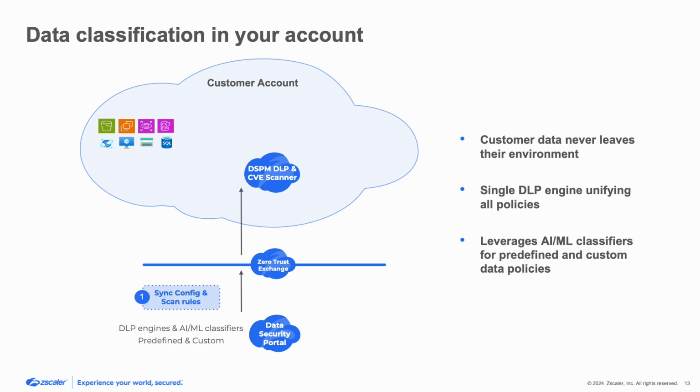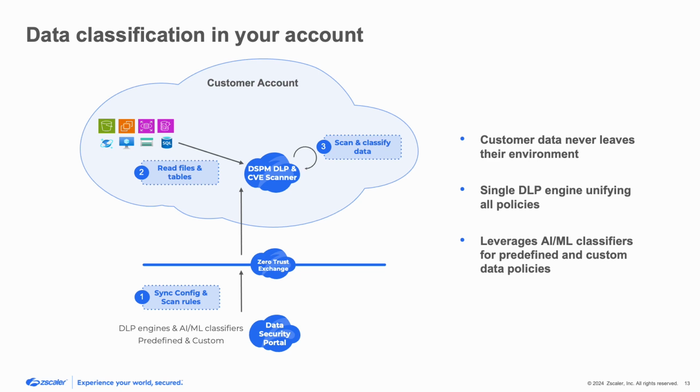Everything that you've configured, whatever you asked us to scan, monitor, or do, goes into that scanner from the DSPM portal. All of the configurations go here, and then that scanner reads the files, reads the database tables, and does local scanning and classification within the customer account.